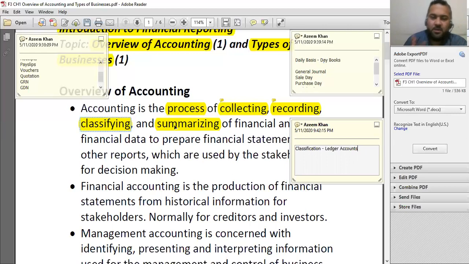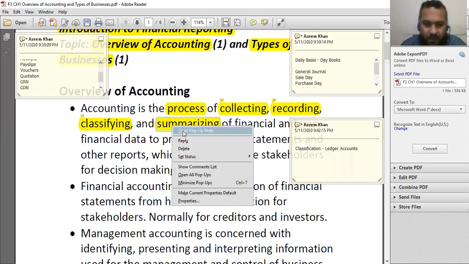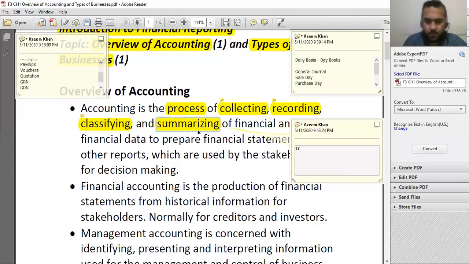It means before you prepare the financial statement, you will summarize your records, and that summarization will be done through the trial balance. Clear? In a trial balance, you are not showing the whole one year of detail.